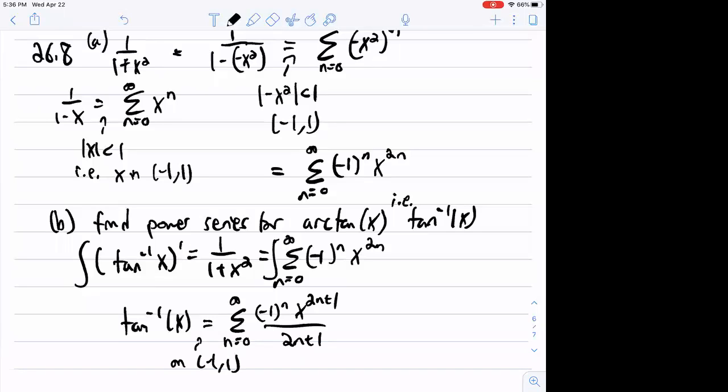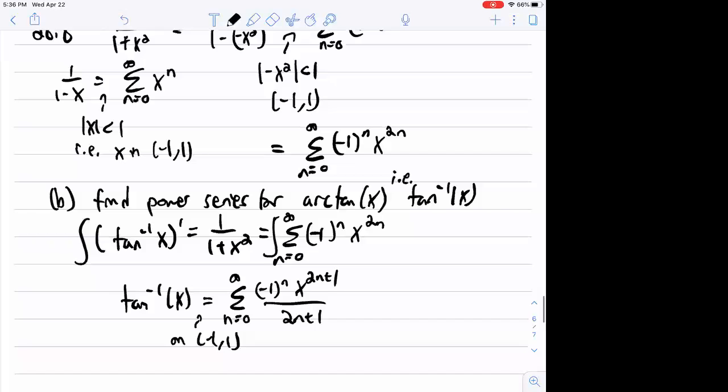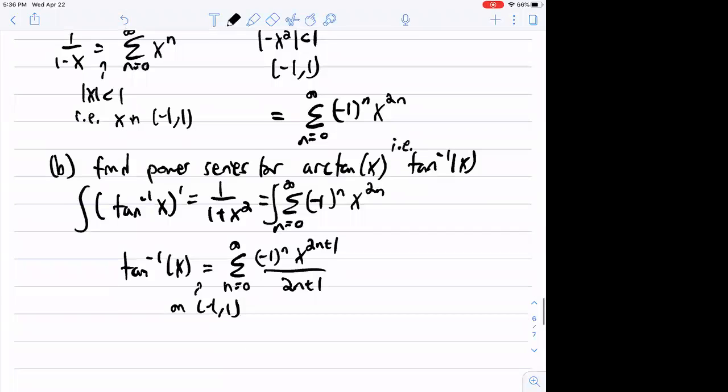But you might ask yourself, what about at 1? At 1 it converges, and here I want to say we're going to use Abel's theorem. If it converges at 1, it's going to converge to whatever we have.